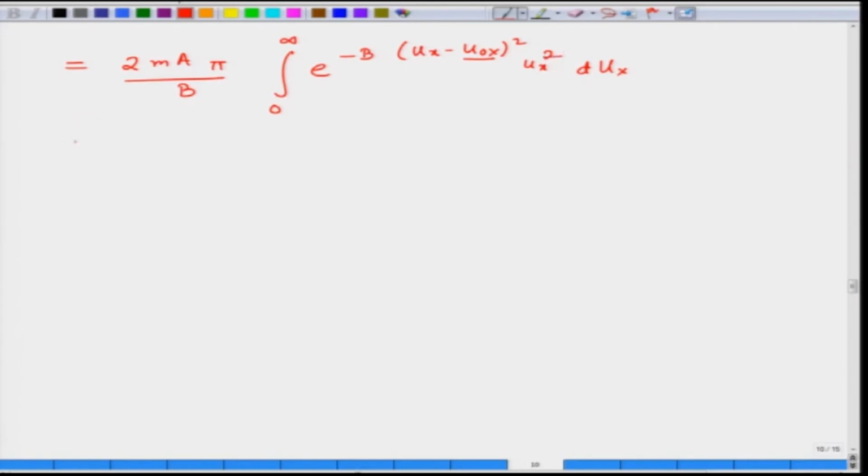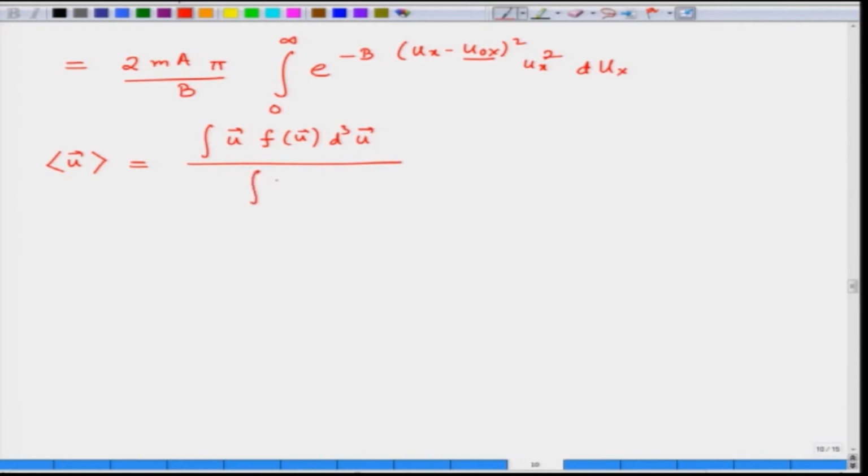If you calculate the mean velocity, my mean velocity will simply be given by this definition. I have the distribution function in the velocity space, which is of course my equilibrium distribution function, and the average velocity should be u times the distribution function integrated over velocity space, divided by the density to normalize this.